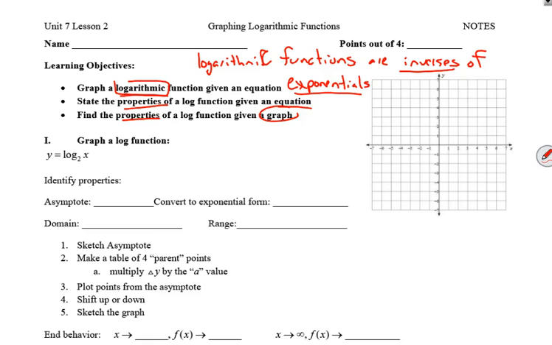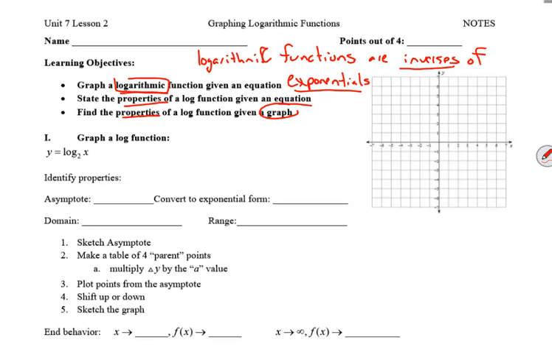So remember what an inverse is. An inverse switches the x and the y value, all right? And that's going to be a little bit tricky when you're given a log function, but we'll try to make it as easy as possible.